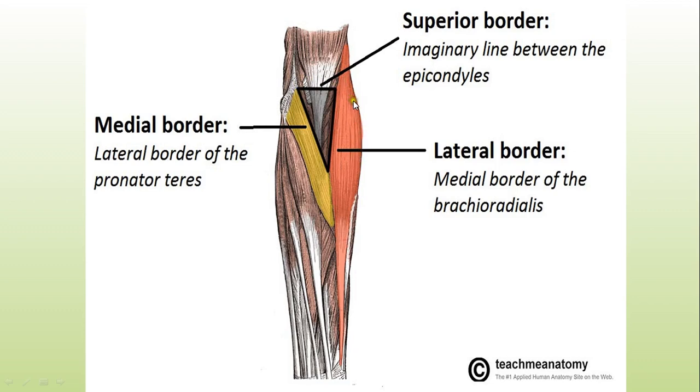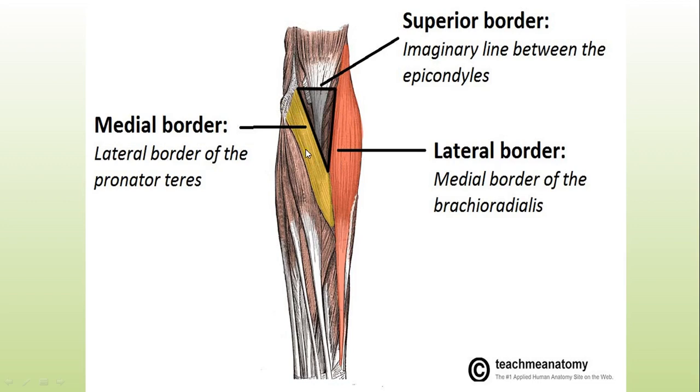Its lateral border is formed by the brachioradialis muscle. Now you can see in the figure that the brachioradialis muscle has a medial border and a lateral border. So the medial border of the brachioradialis is actually forming the lateral border of the cubital fossa. The medial border of the cubital fossa is formed by the pronator teres muscle.